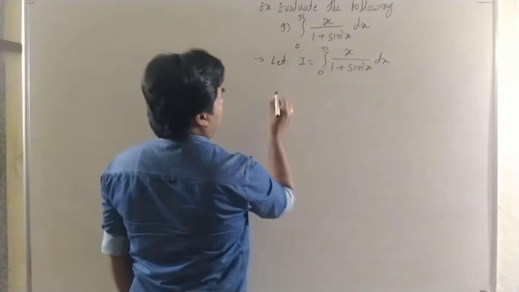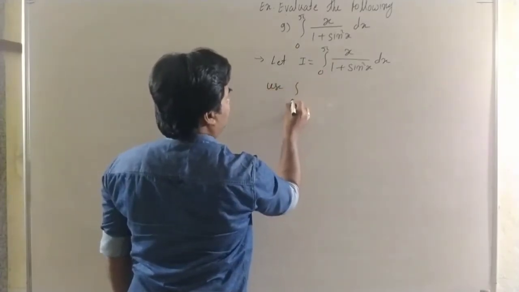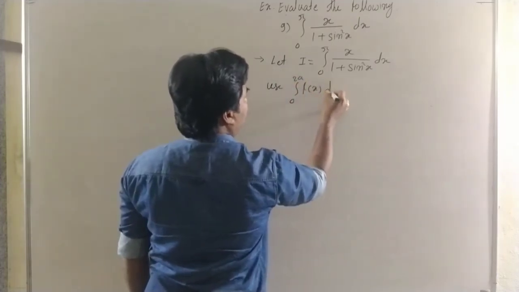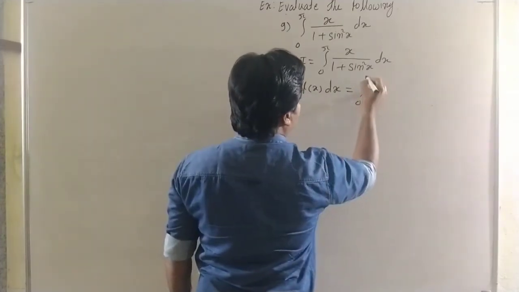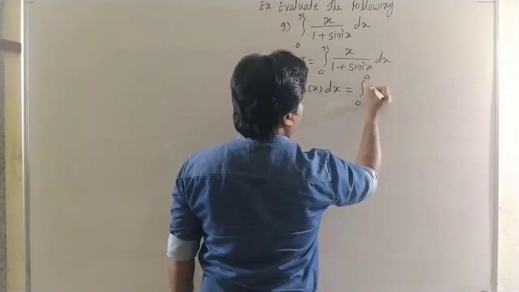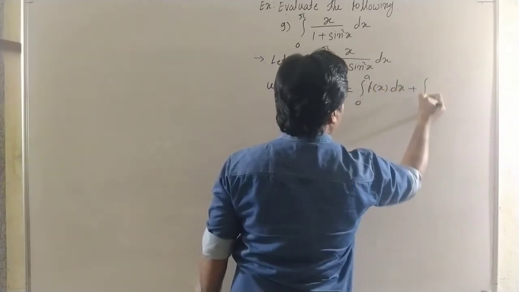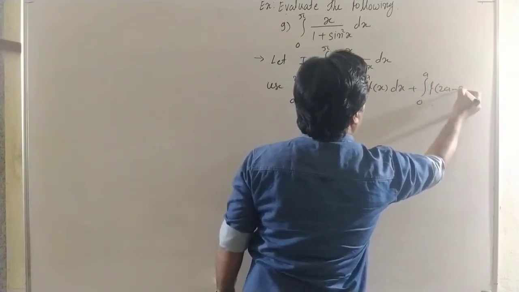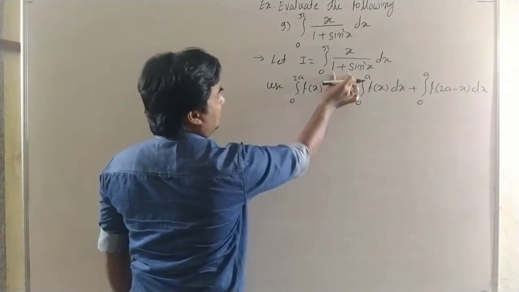Then here use the property: integral 0 to 2a of f of x dx is equal to integral 0 to a of f of x dx plus integral 0 to a of f of 2a minus x dx. Now this integral is I.